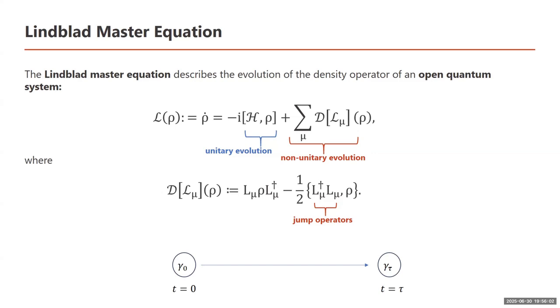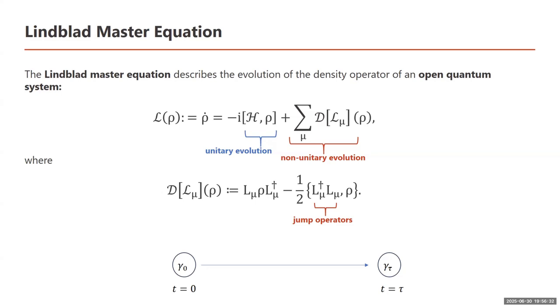The first one, colored in blue, shows the unitary evolution with the system Hamiltonian H. The second one, colored in red, shows the non-unitary evolution governed by dissipators and the jump operators denoted as L mu.